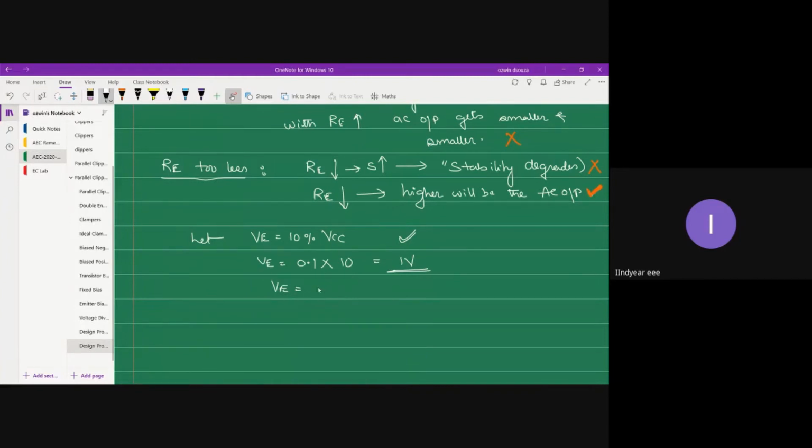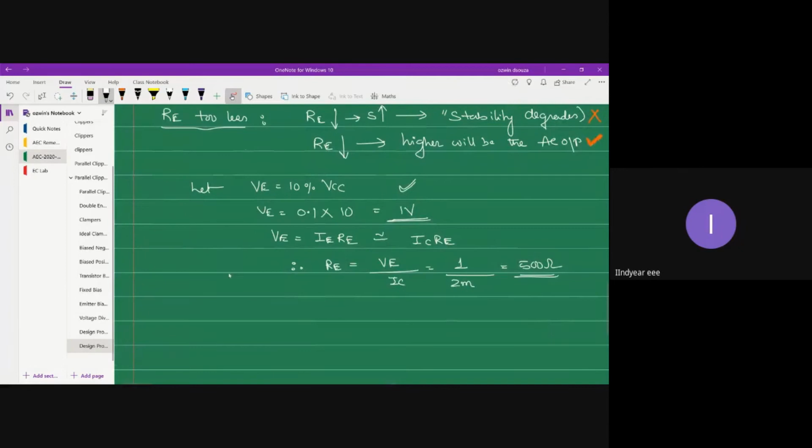VE is equal to IE into RE, approximately IC into RE. Therefore, resistance RE can be found as VE divided by IC. VE is 1 volt divided by IC, which is 2 milli, so that gives you 500 ohm resistance.